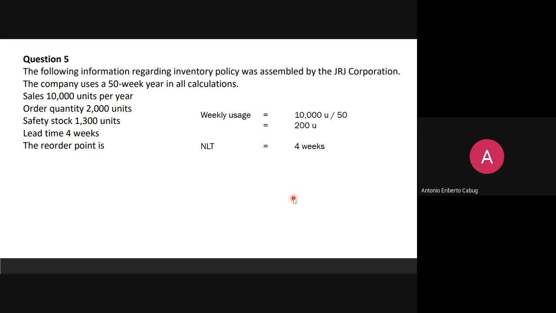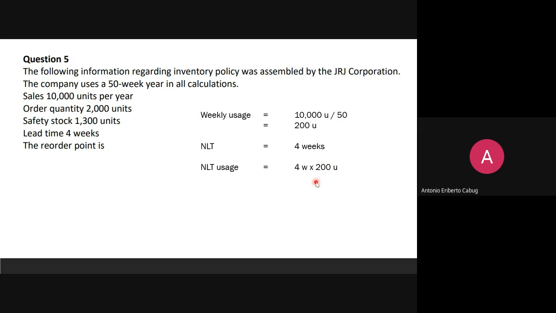Now, the normal lead time is 4 weeks. Ano ibig sabihin ng normal lead time? If we will make an order now, it will take 4 weeks before the order reaches us, bago dumating yung order. And every week, we use 200 units.